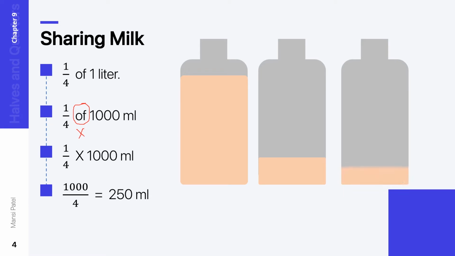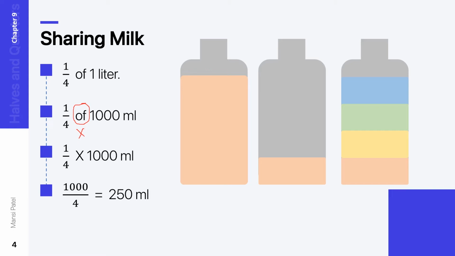See here, 250 milliliter, then again 250 milliliter, again 250 milliliter, and again 250 milliliter. It becomes 1 whole liter. And what is the quantity of each shaded portion?